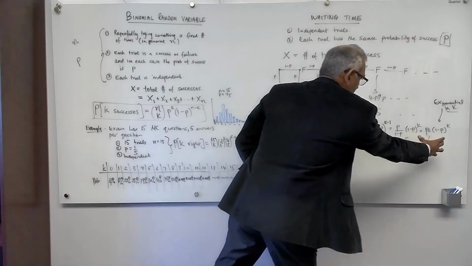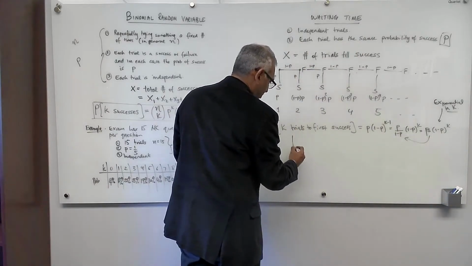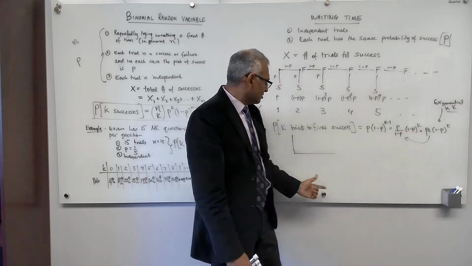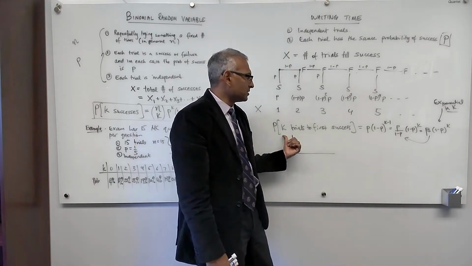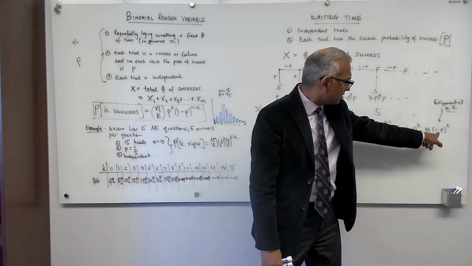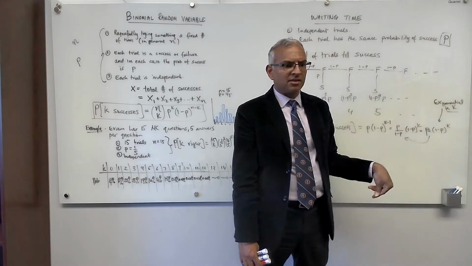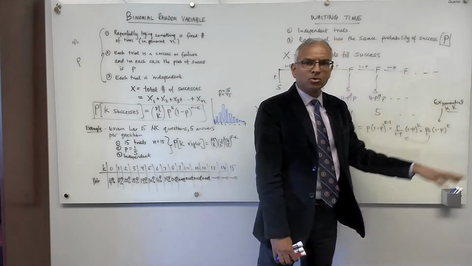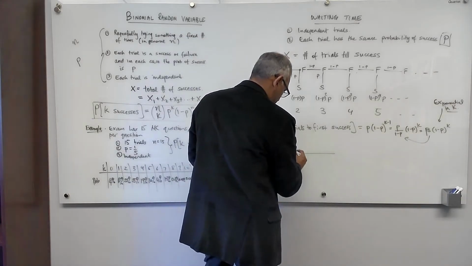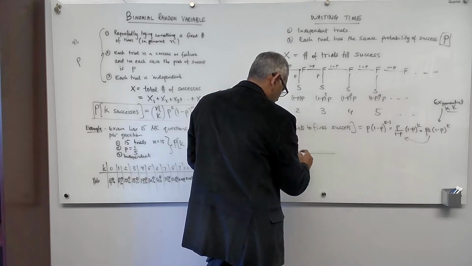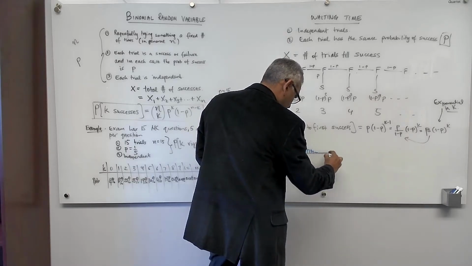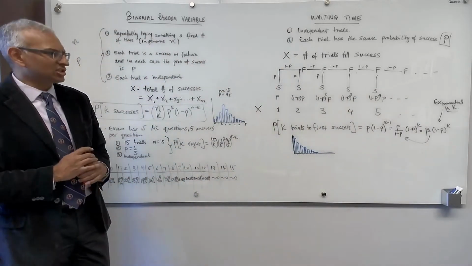If you look at this probability distribution function for the exponential, beta is a constant, so this is decreasing with k. The chances that you have to make more and more trials is decreasing with k. So it starts off somewhere, and then it drops very quickly to 0. And that's the exponential distribution.